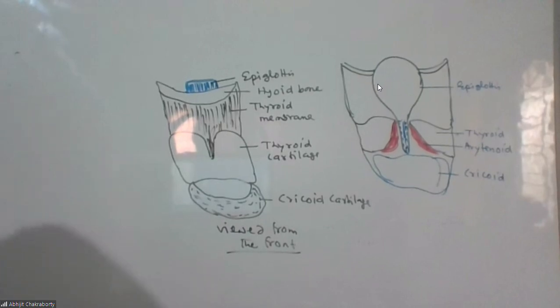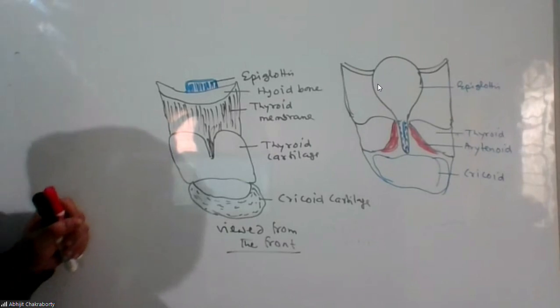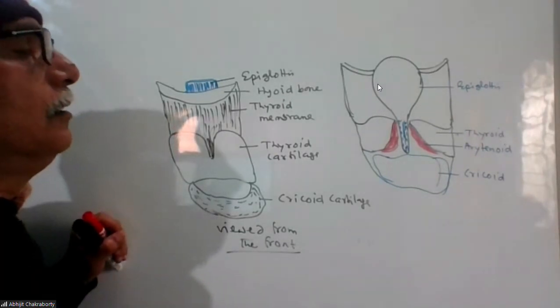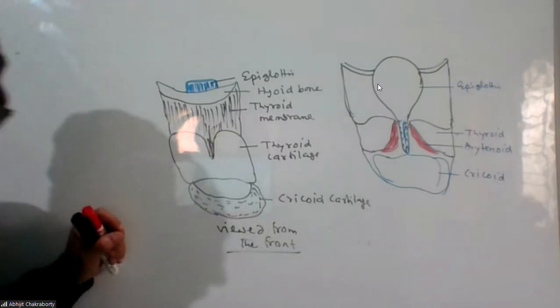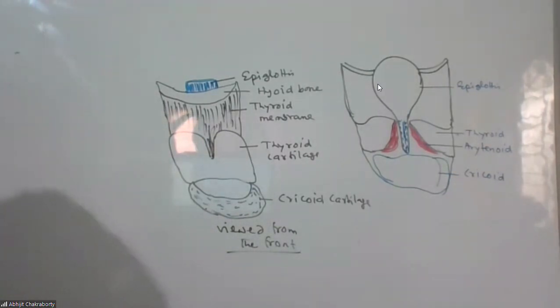So this is how you can show this. Corniculate and cuneiforms are very short and very difficult to actually show these two.